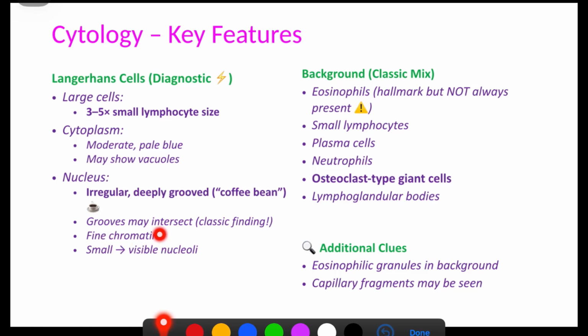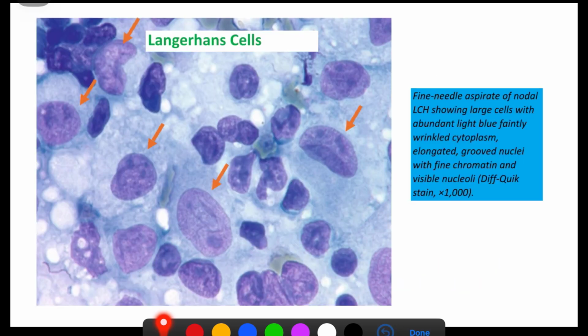Fine chromatin, small visible nucleoli, and background shows eosinophils, which is a hallmark but not always present. Small lymphocytes, plasma cells, neutrophils are there, and osteoclast type giant cells along with lymphoglandular bodies are seen. Additionally, eosinophilic granules in the background and capillary fragments may be seen.